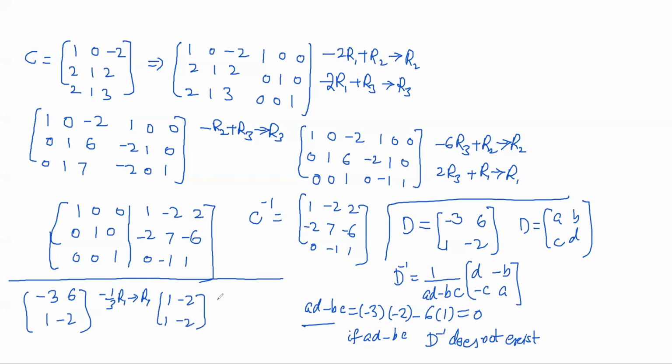And now the second row operation will be to make this 0: minus R1 plus R2, that will be the new row R2. So we will get 1 minus 2, and 0, 0 in the second row. When any of the rows is completely 0, no further simplification is possible, which means that you cannot find the inverse of the matrix in this case.